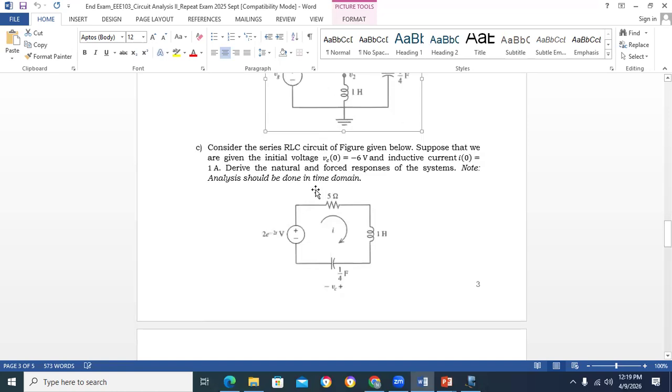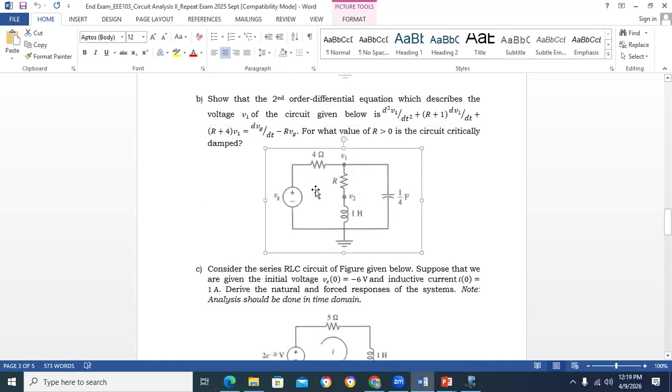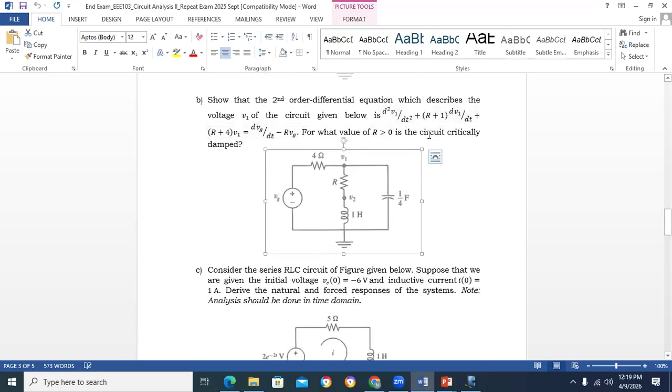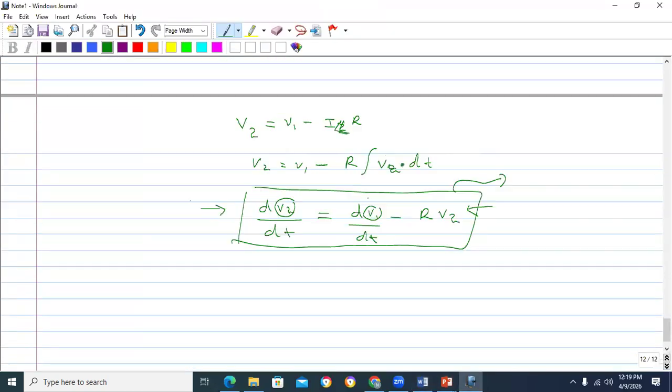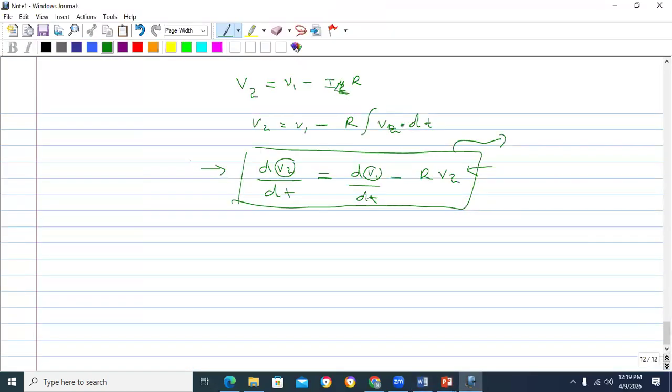And here it is asking about the damping status of the circuit. We haven't done this part. You may know that there are three types of damping status. We haven't much time to complete it with the one credit module, so that is why I skip that part.